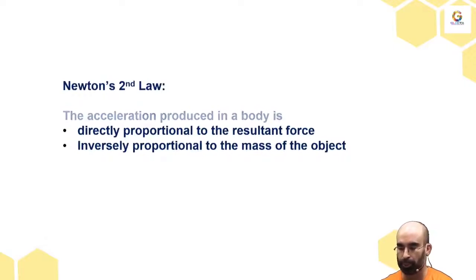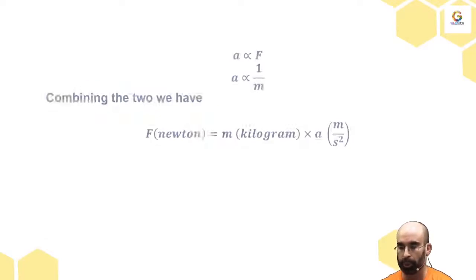Combining these two, we can have this equation. a is proportional to F, a is proportional to 1 by m. Combining the two, we have the equation F equals m a, with F measured in newtons, m measured in kilograms and a measured in meters per second squared.